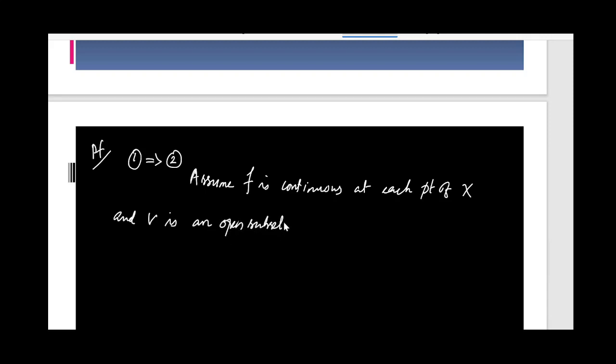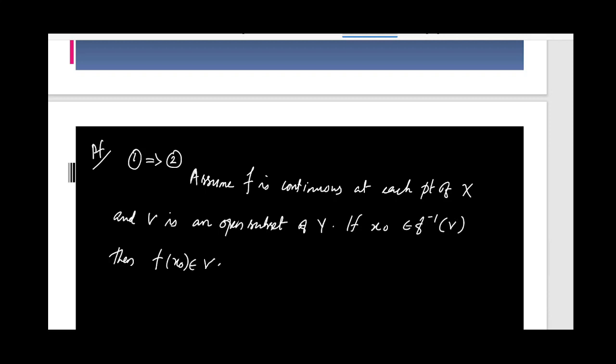Assume f is continuous at each point of X, and V is an open subset of Y. Now if x naught belongs to f inverse of V, then f of x naught belongs to V, right?